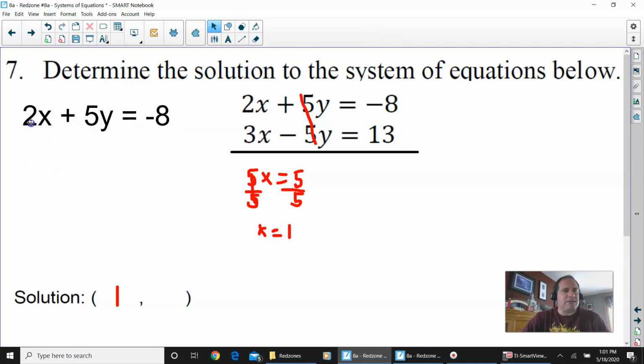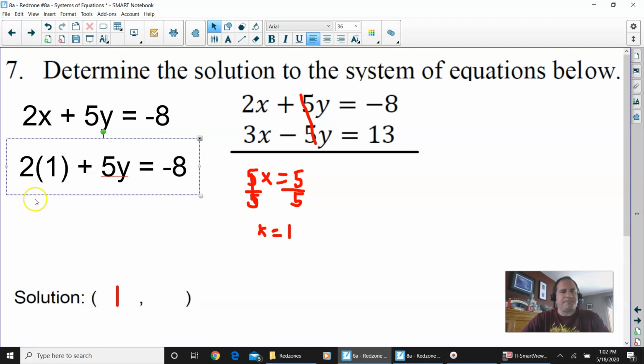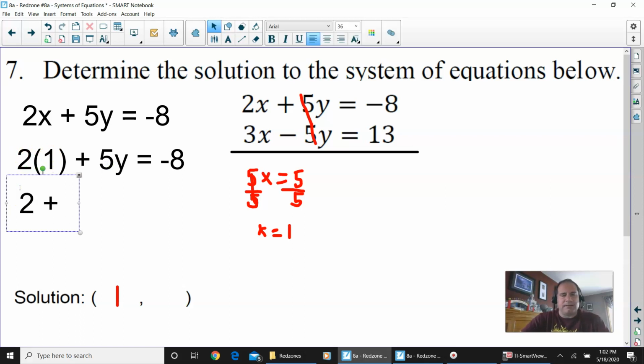And instead of the x, the second time around, I am going to substitute that x as 1. And just like that, I am going to get 2 times 1, which is 2, plus 5y equals -8. And remember, I have to solve for y.